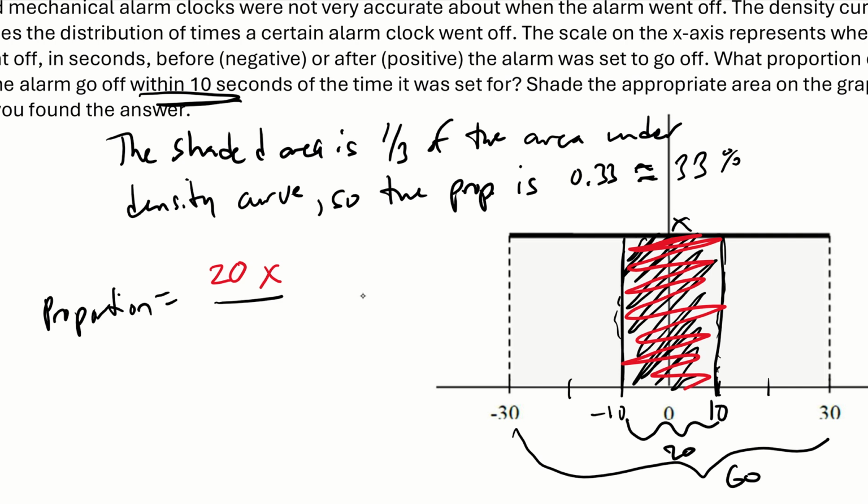The area is 60x, base times height, because it's a rectangle. And so the x's cancel, leaving you with 20 over 60, which is 1/3, okay? Either one of those would suffice, and that would show what they want, with the work and all that.